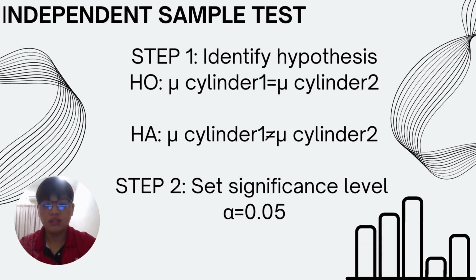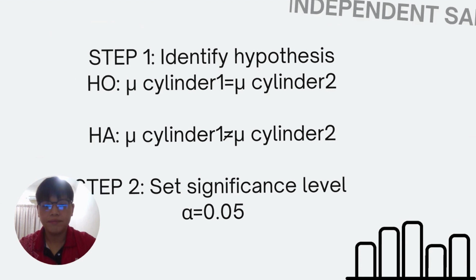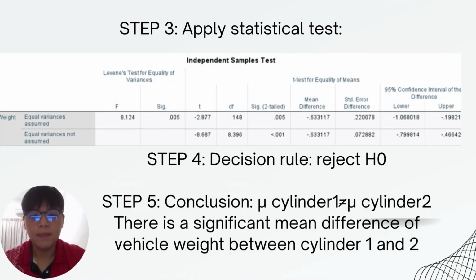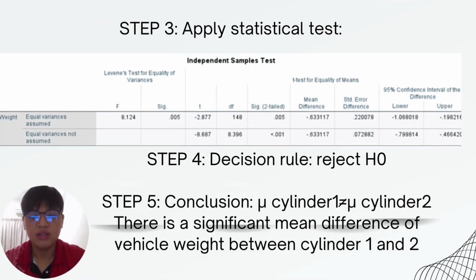We need to set the significance level, that is alpha equals 0.05. In step 3, we apply the statistical test using the SPSS software. By using this software, we find that the significance level of weight is 0.005, which is lower than the significance level that we set before.